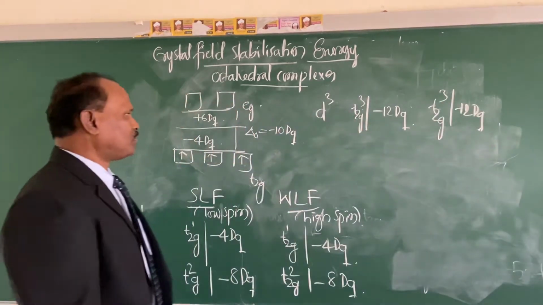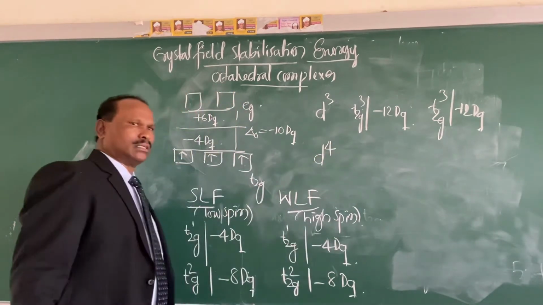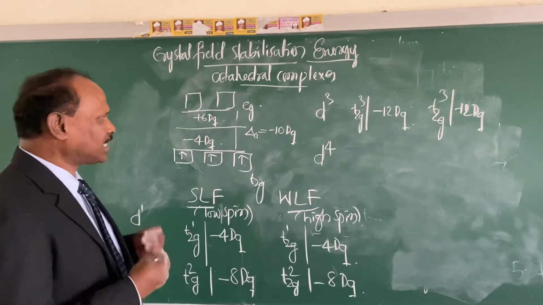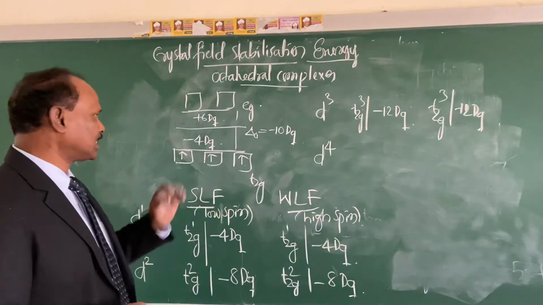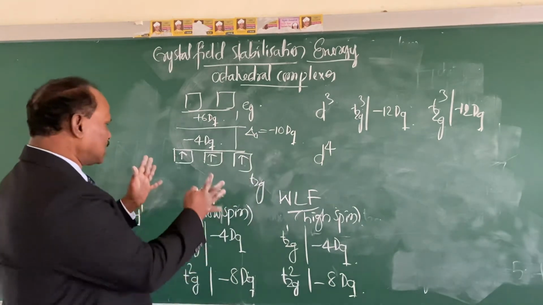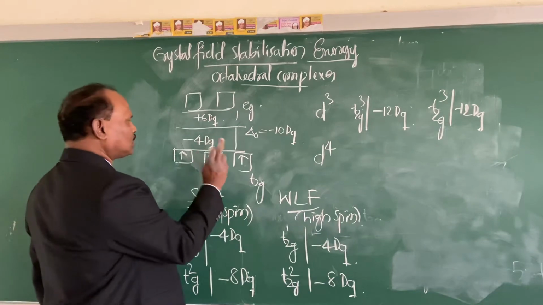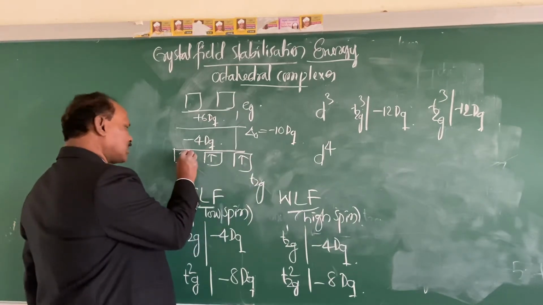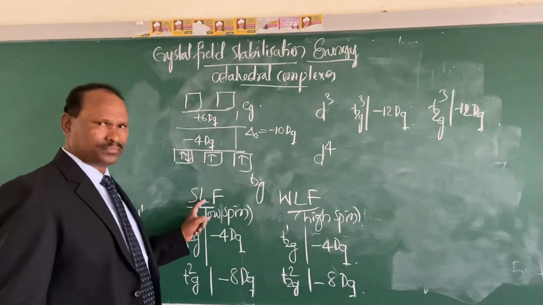Now, for a d4 system, let us calculate. The octahedral complex having 4 electrons in its d orbital. Interesting case now. In strong ligand field, let us fill 1, 2, 3. Now the fourth electron gets paired because it is a strong ligand.